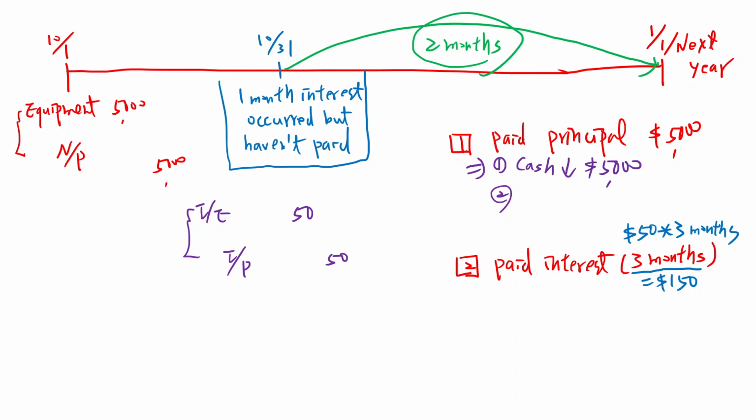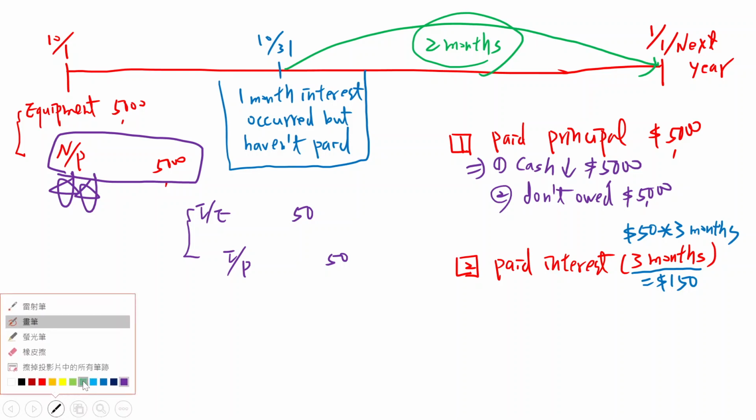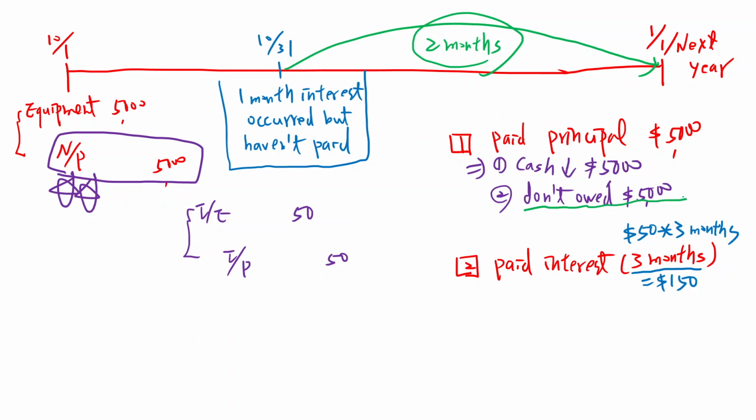So here, we told them $5,000. We don't owe them money anymore. At the beginning, we use notes payable. We owe them money, $5,000. Right now, we don't owe them money, $5,000, right? Which account we use at the beginning?